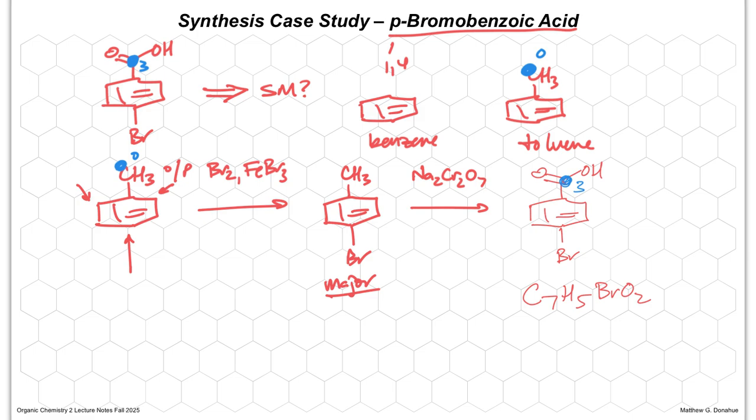So just to point out some things to look for in terms of the structure, the molecular formula can clue us in. The formula is C7H5BrO2, and of the 7 carbons, we would see 5 unique carbons.